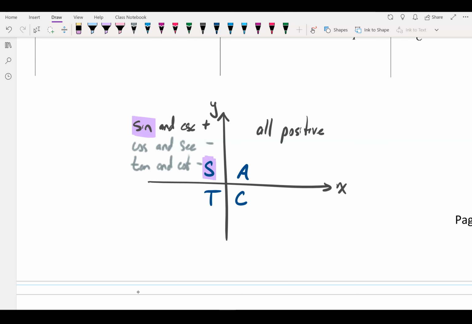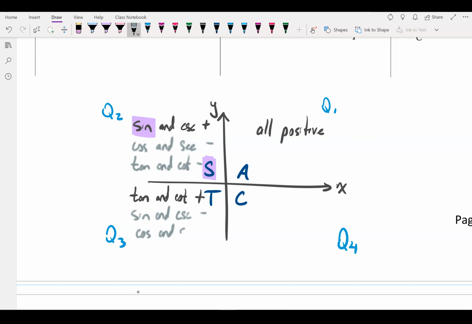Everything else is negative. So if you know that that's true, then we know that sine and its friend cosecant must be negative. Cosine and its friend secant must be negative. And finally, in the fourth quadrant here, because it says C, that means that cosine and secant will be positive.